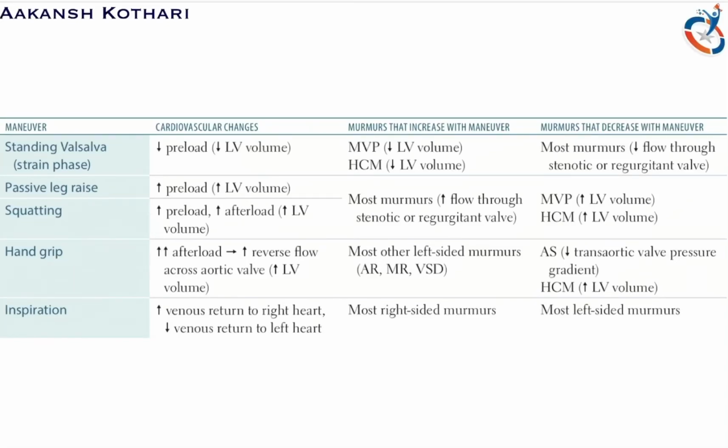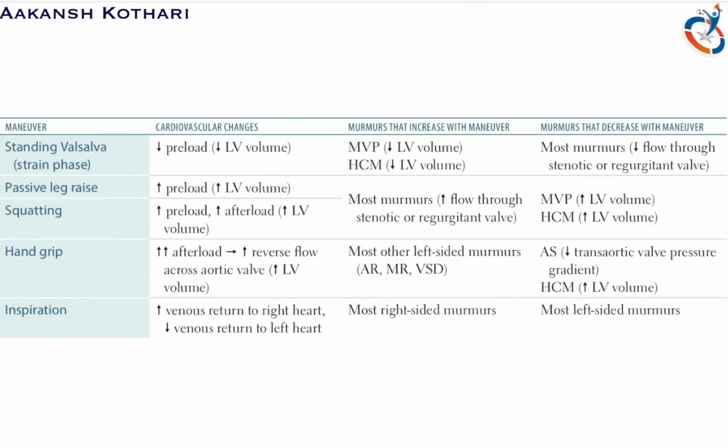So aortic regurgitation, mitral regurgitation and ventricular septal defect, the intensity of these three murmurs increases, whereas aortic stenosis and hypertrophic cardiomyopathy decrease. Am I clear?